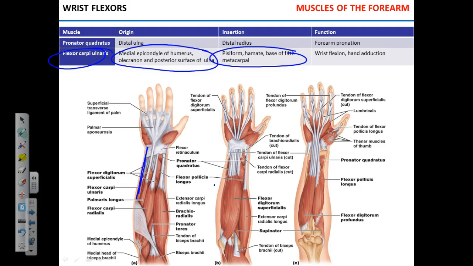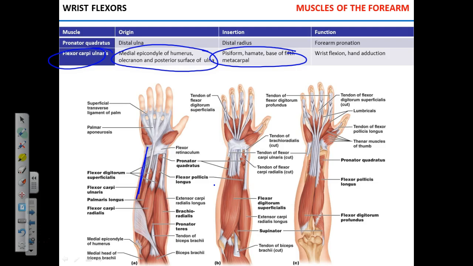You see it runs from the medial epicondyle. Flexor carpi ulnaris is right here. So it's the medial muscle, 15. It pretty much runs along the medial border of your forearm. And flexor carpi ulnaris, together with flexor carpi radialis, innervated by the ulnar and radial nerve, they flex your forearm.